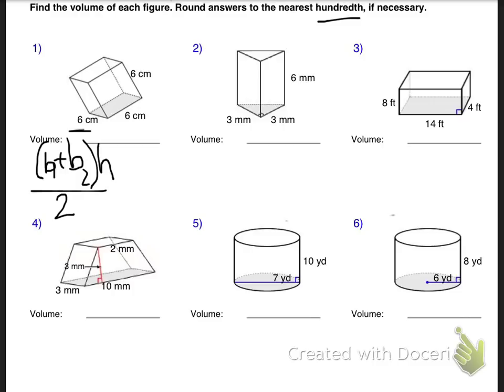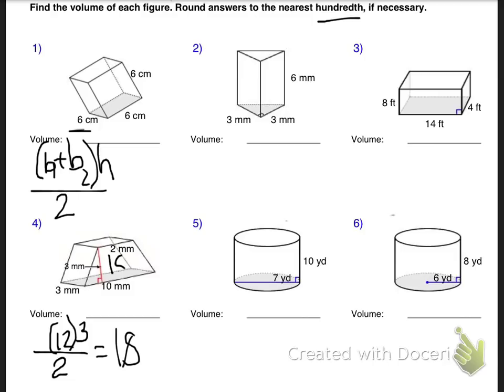Alright, so our two bases are the lines that are parallel, so that's our 2 millimeters and our 10 millimeters. So 2 plus 10 is 12 times our height. Remember, height can never be slanted, and it's telling us that our height is 3. We're going to divide that by 2. Well, 12 times 3 is 36, divided by 2 is 18.